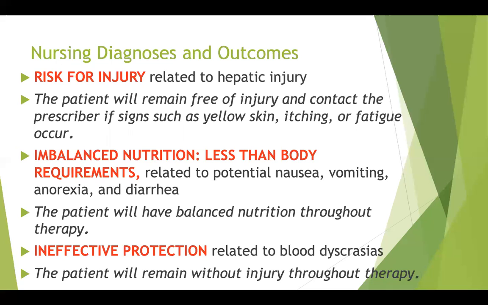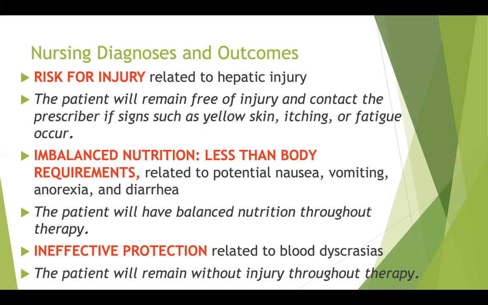So I guess the ineffective protection is new. It is related to blood dyscrasias. When you say blood dyscrasias, it may affect your red blood cells, white blood cells, neutrophils, and other blood components. For example, with thrombocytopenia, you don't have enough platelets, so you are at risk for bleeding, because as we all know, our blood is our secondary protection.